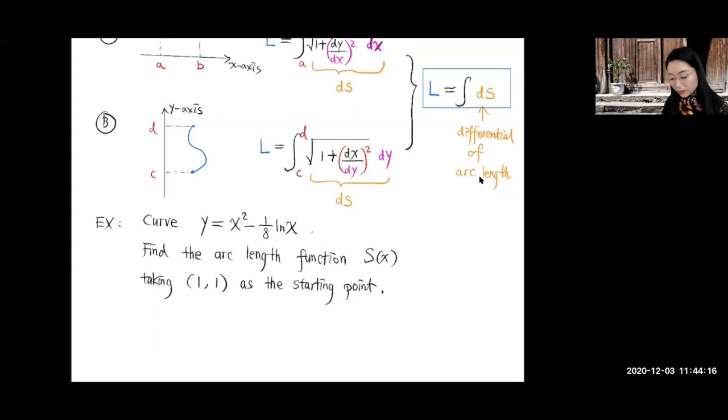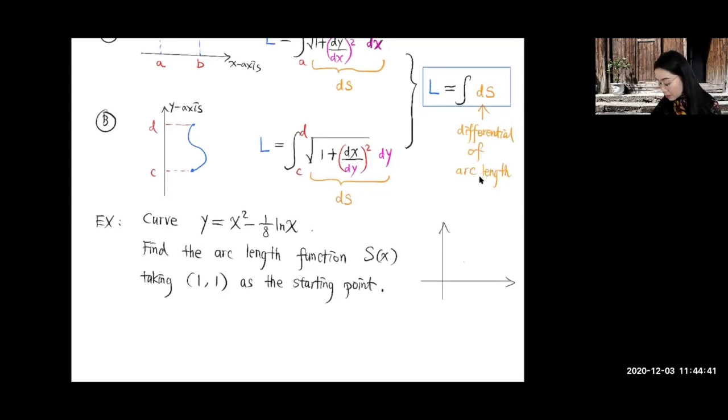Just to help you visualize it, I'm going to draw a rough graph of this. If you substitute 1 into the x coordinate, you find out that y also equals 1. So (1, 1) is actually on the curve, and it's going to start from (1, 1). Let me label this the x-axis and this the y-axis.